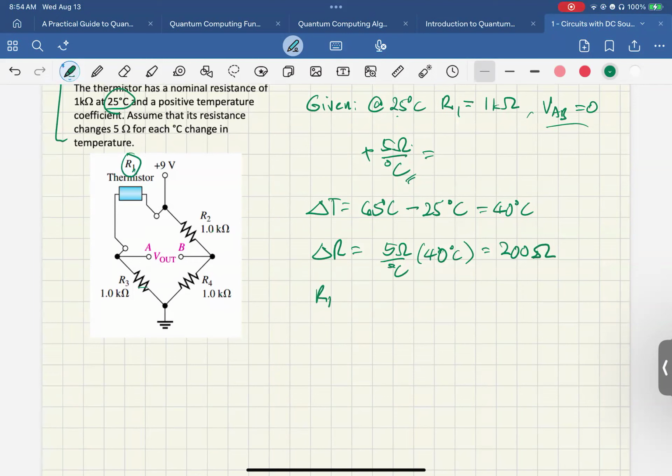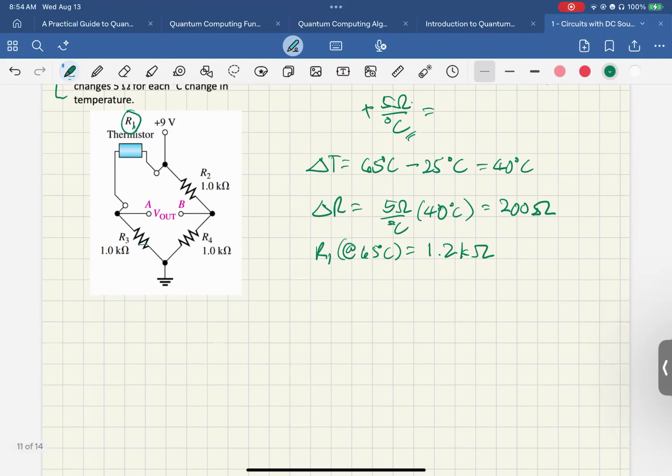So R1 at 65 degrees Celsius is 1.2 kilo ohms. And when the thermistor is 1.2 kilo ohms, what do we get?